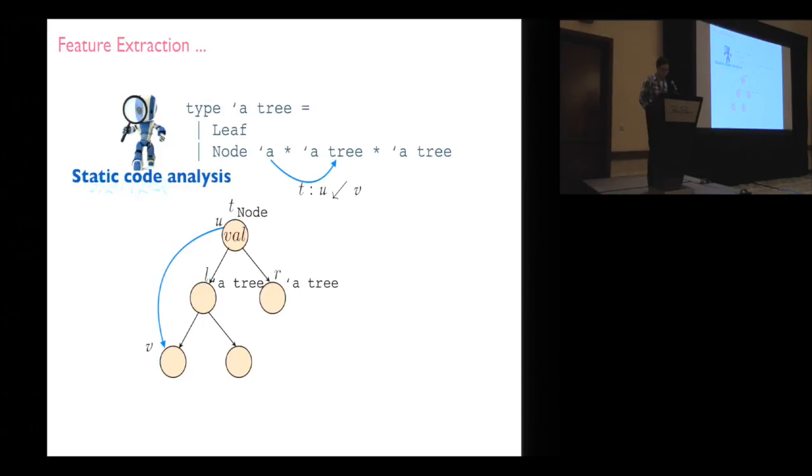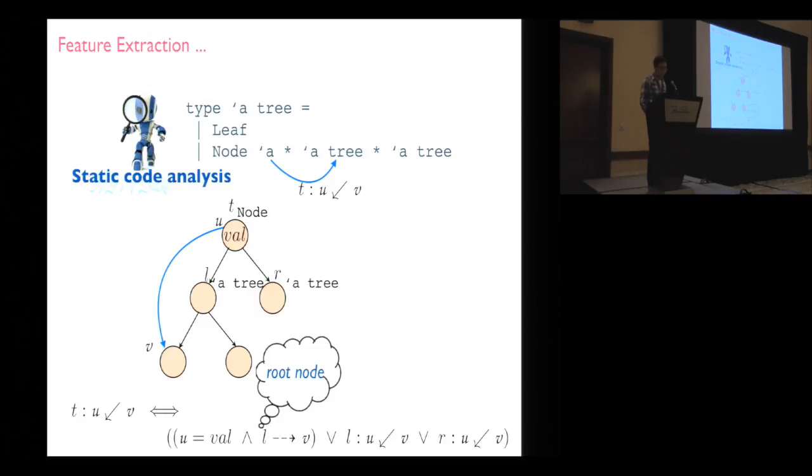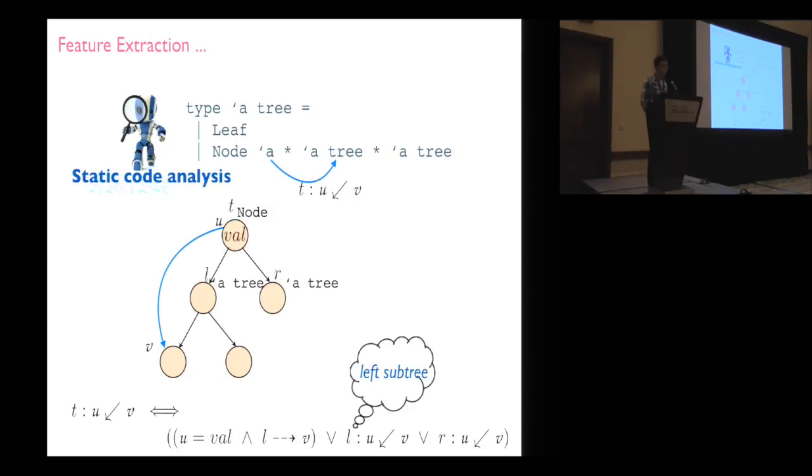The relation between the left child of U in the tree T, so we can associate U in the tree T if and only if U is defined in its left subtree or recursively defined.